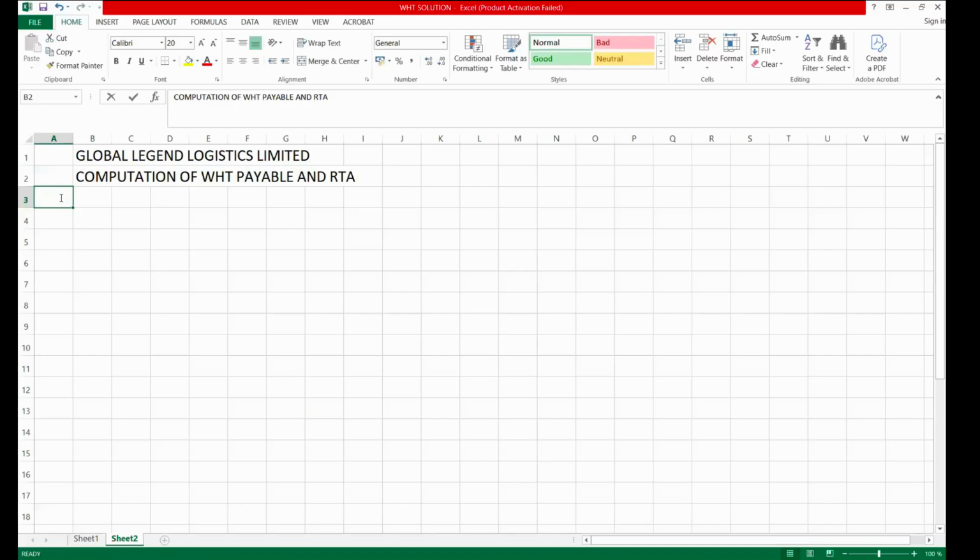So payment to supplier will be 2% multiplied by the value. How much is the value? 506,250,000.